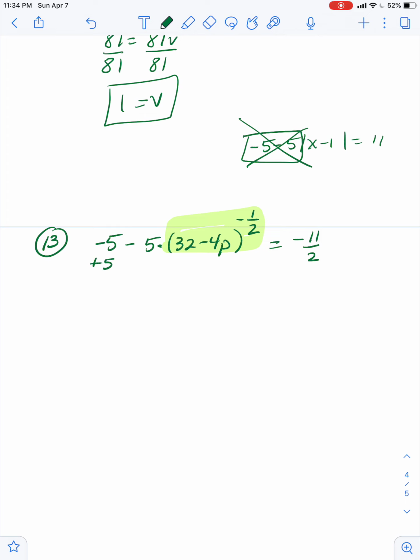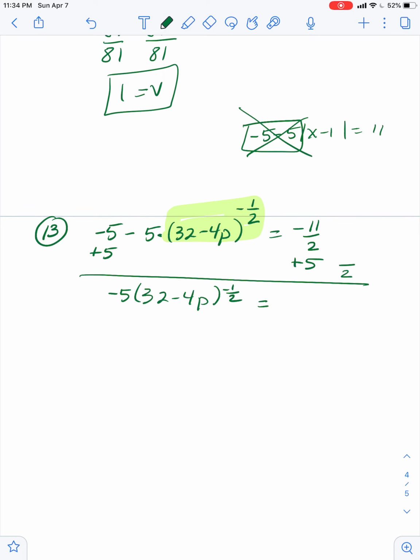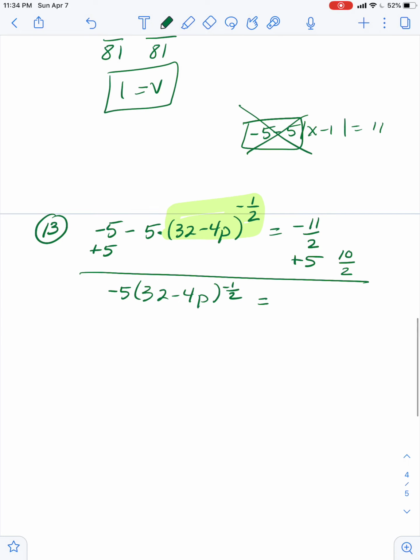So you're going to move the 5 over first. I cannot emphasize that enough. You got the negative 5 still left out in front. That's multiplied by. And we're going to need to get a common denominator for this, or you can put it in your calculator, whichever the case may be. As bad as I would love for you to be able to do fractions, that is not necessarily something at this point we have time to teach you if you don't know.